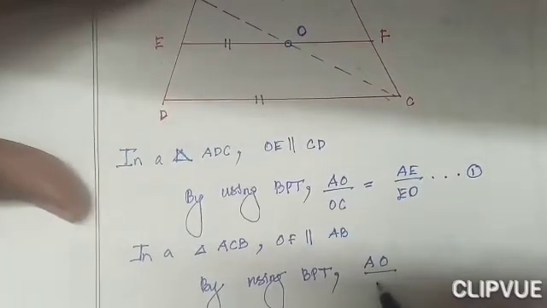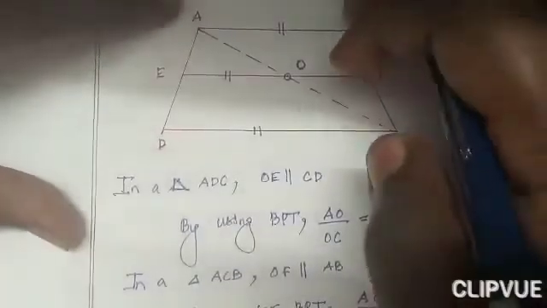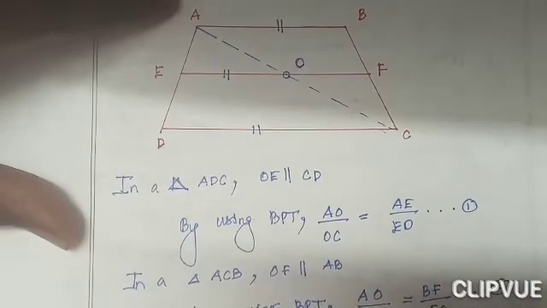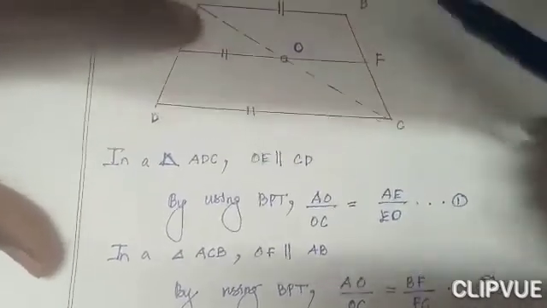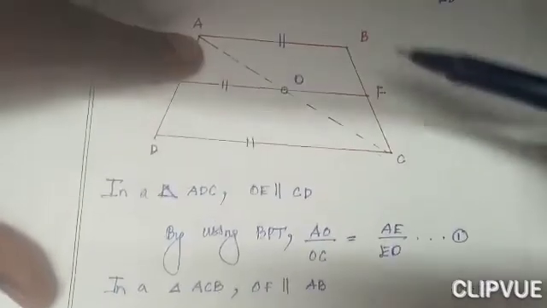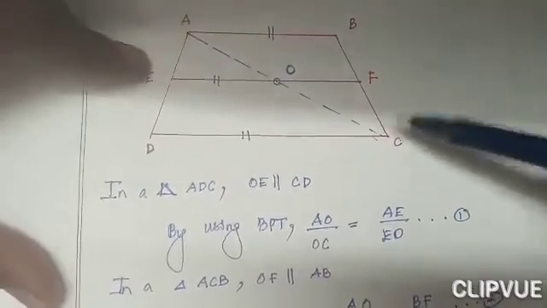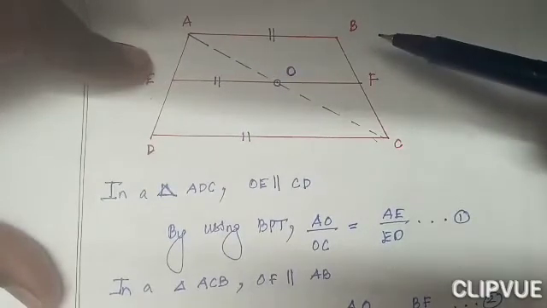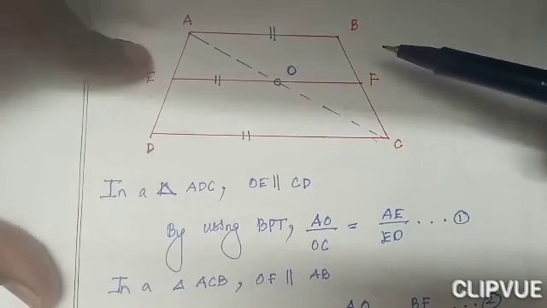This is 2. Why can't we take OC by OA equal to CF by BF? Yes, we can take it; after taking OC by OA and CF by BF, we take the reciprocal.